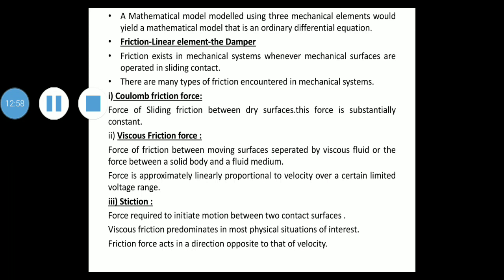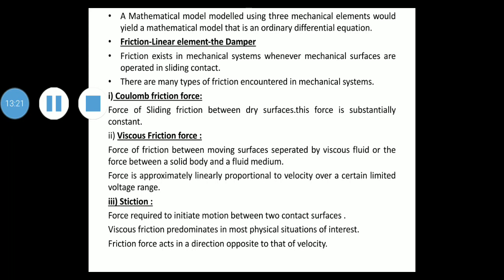Next, stiction, the force required to initiate motion between two contacting surfaces, which is obviously more than the force required to maintain them in relative motion. So that is stiction.